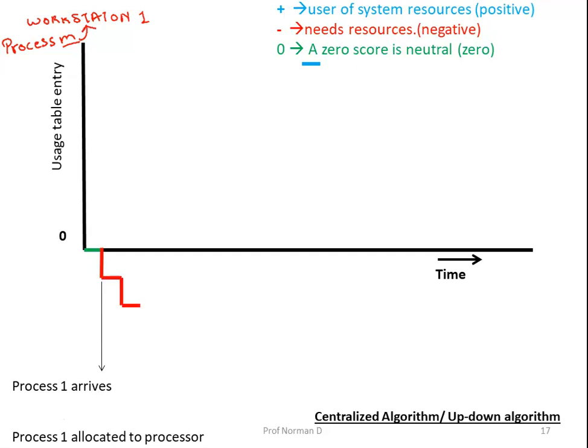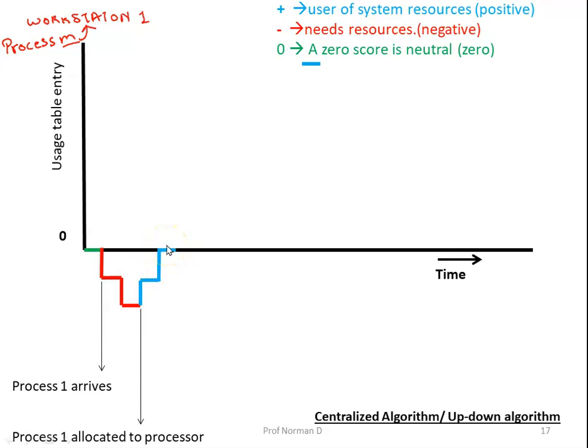It continues to be in the negative state until the resources that are required by this process are assigned to it. At this point, we assume that process 1 is allocated to the processor. That means the resources are granted to this particular process. So now it starts moving in the positive direction.